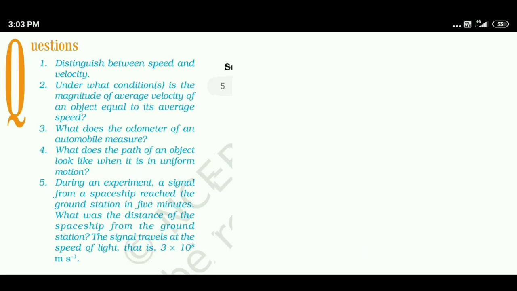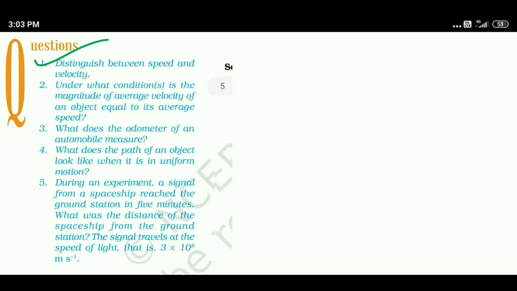Now here come some questions given in our NCERT book. So let us try to find the solution of these. Question number 1 says, distinguish between speed and velocity. Now you can understand this question is something we have already done, isn't it?